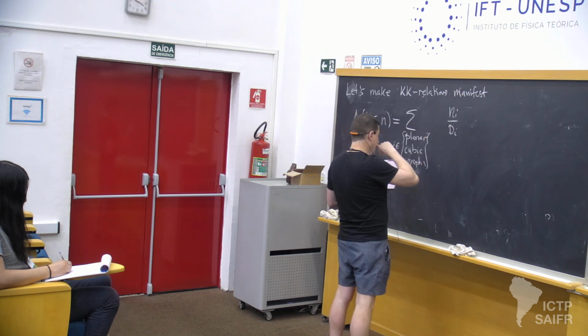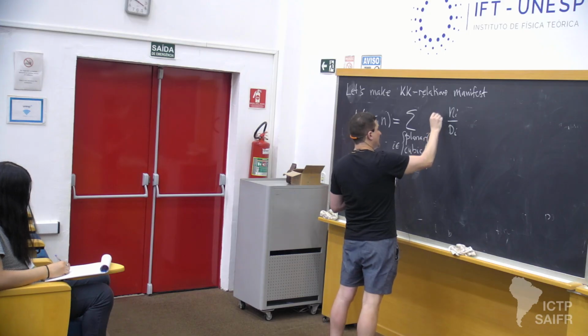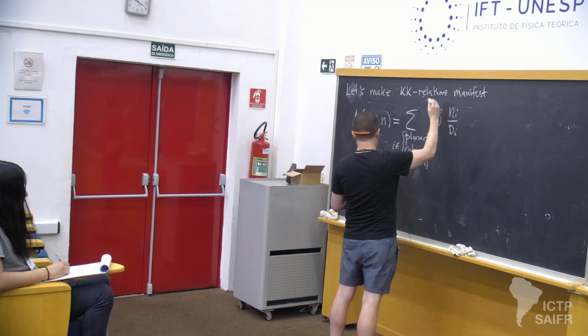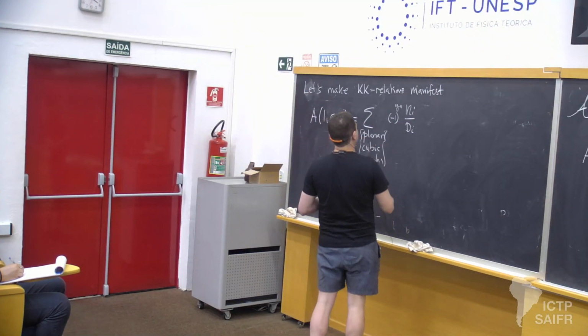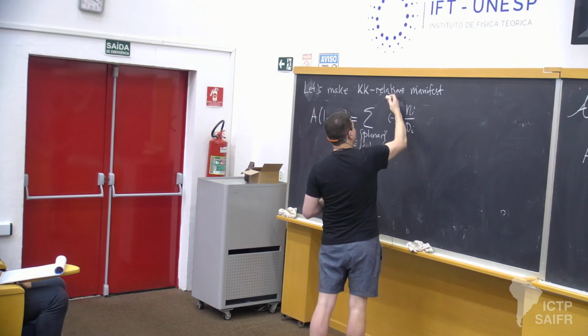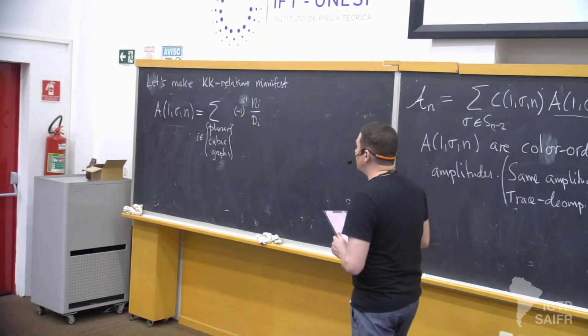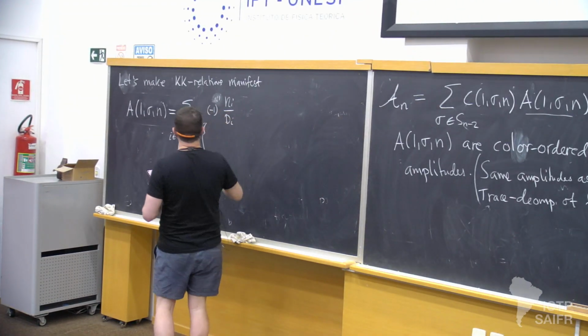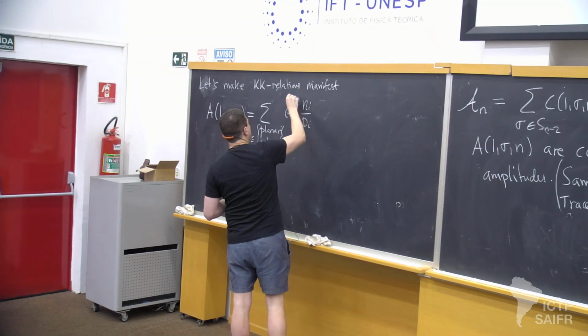And on top of it, we might have a sign. The sign is a bit ambiguous, so I'm just going to denote it by (-1) to the power of the permutation. There's a sign ambiguity because you can always redefine your graphs with a minus sign. Let me not be very precise about what this is.